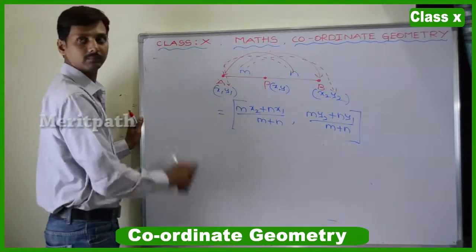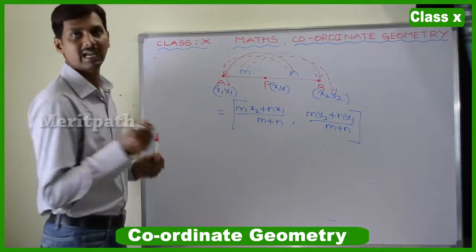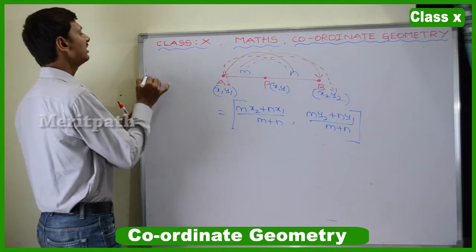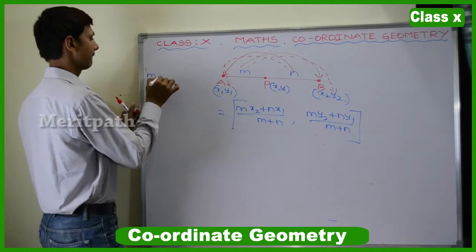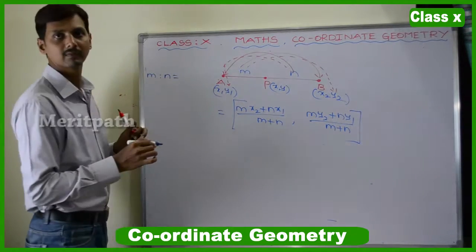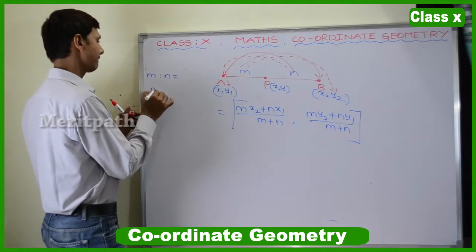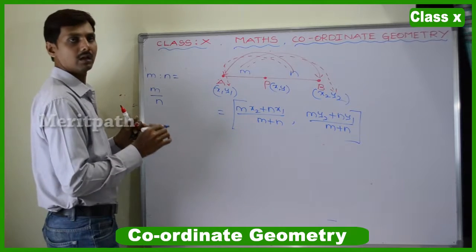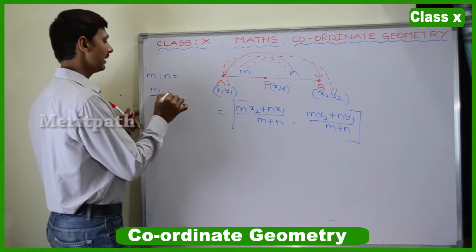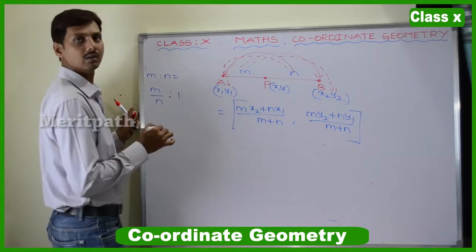Here, when we take m is to n, the ratio can be written as m by n is to 1.